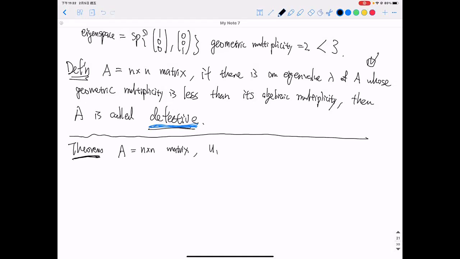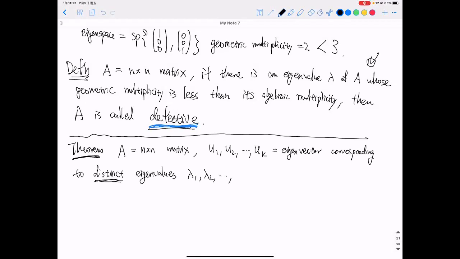Suppose u1, u2, up to uk are eigenvectors corresponding to, and this is the point, distinct eigenvalues, lambda 1, lambda 2, up to lambda k.